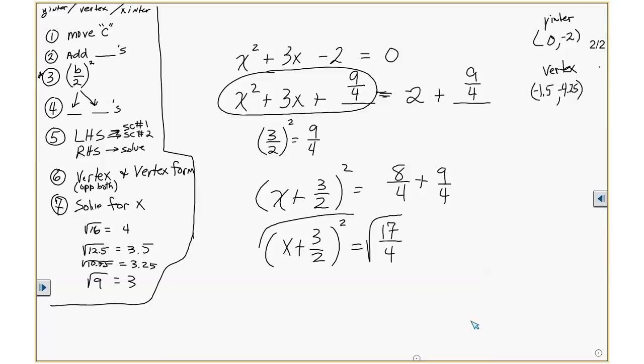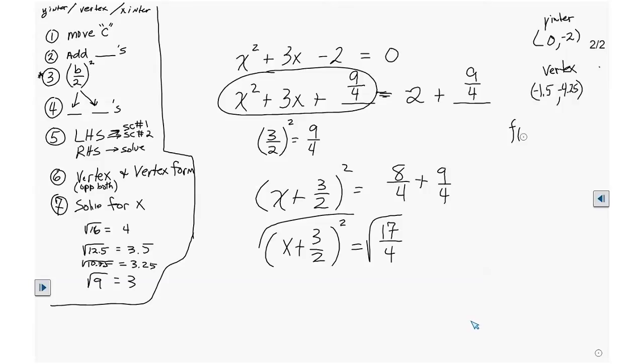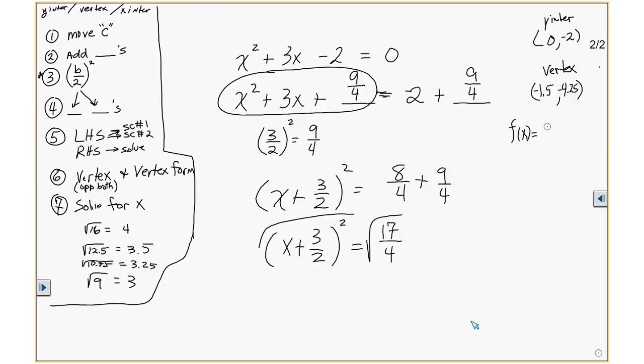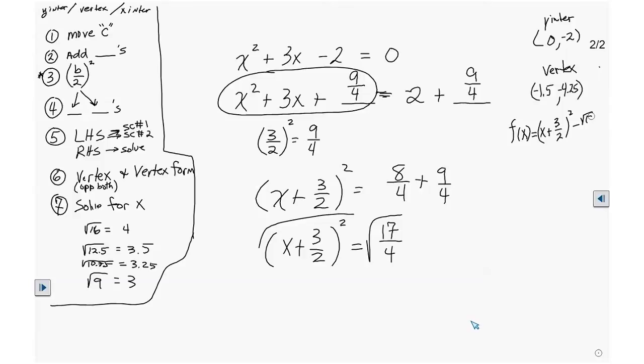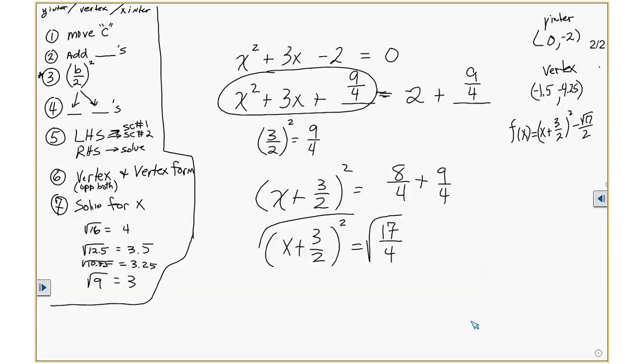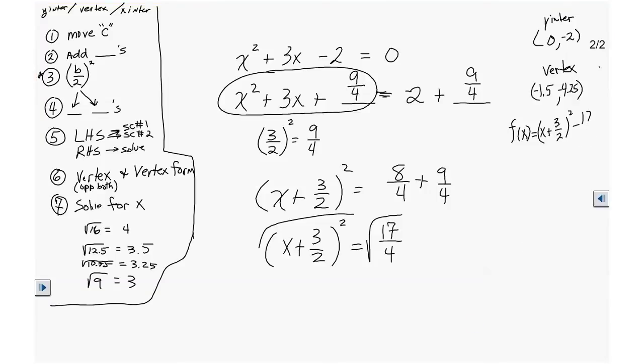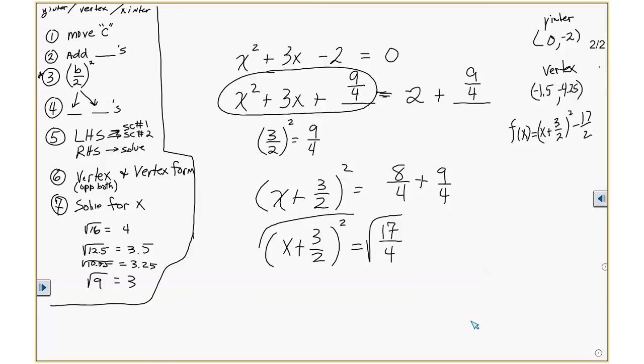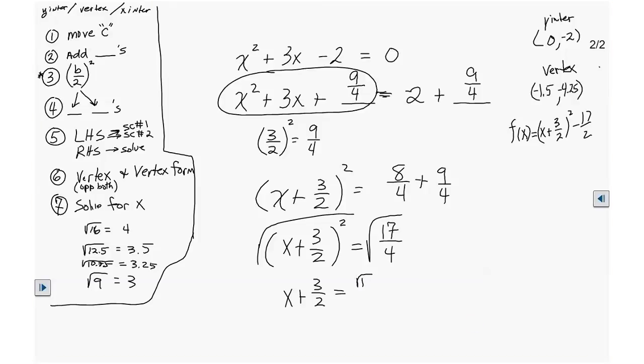Well, we've got to do that, so f of x is equal to x plus 3 halves, quantity squared, minus 17 over 4. All right, now take the square root of both sides. That's going to be x plus 3 halves equals square root of 17 over 2.